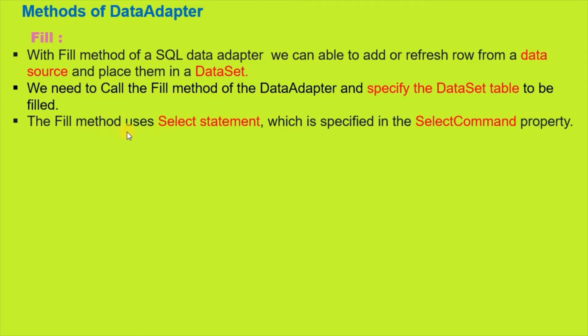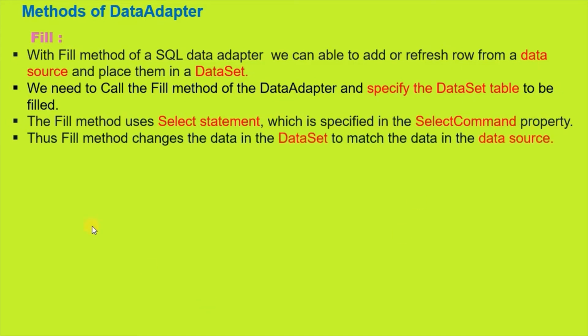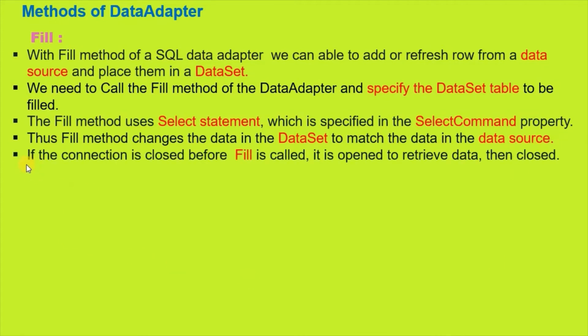The fill method uses select statement, which is specified in the select command property. Thus, fill method changes the data in the data set to match the data in the data source. If the connection is closed before fill method is called, then it is opened to retrieve data, and then it is closed.